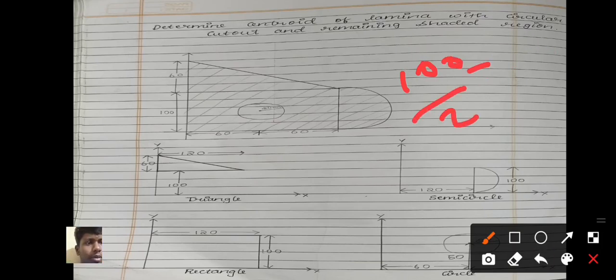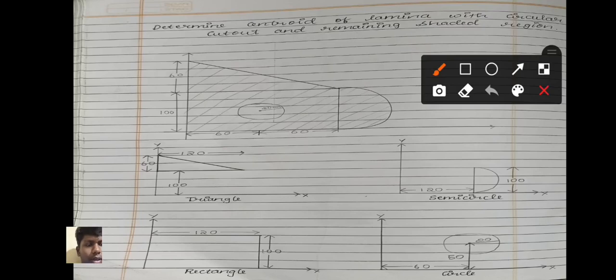So radius will be 50. Coming to the third component, it is a rectangle. The breadth of the rectangle is 120, and the height or length of the rectangle will be 100. Coming to the fourth component, the circle, which is located at the center of the diagram.